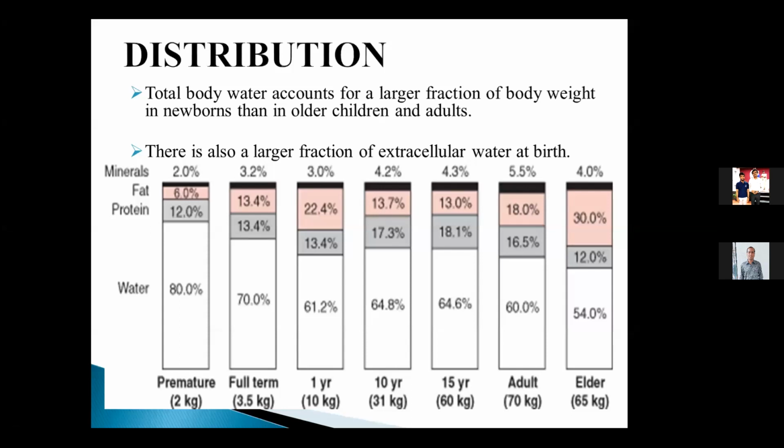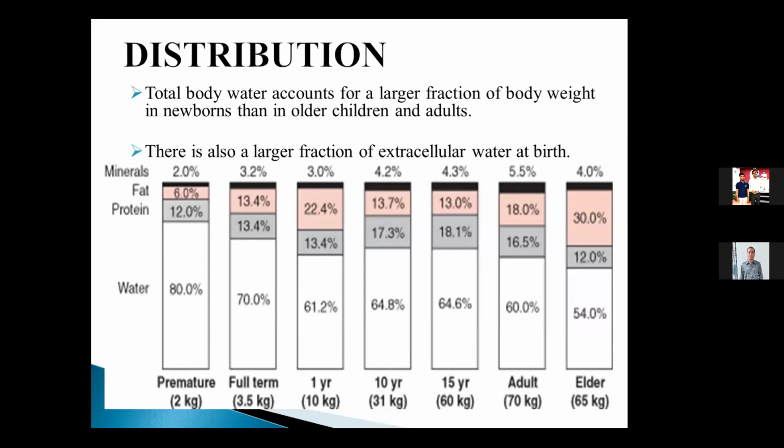For the full term baby, 3.5 kg: mineral is 3.2, fat is 13.4, protein is 30.4%, and water is 17%. For 1 year, 10 kg: mineral is 3%, fat is 22.4%, protein is 13.4%, and water is 61.2%.